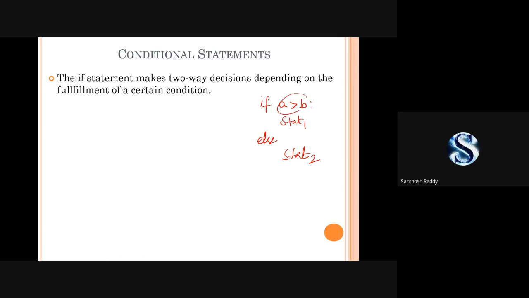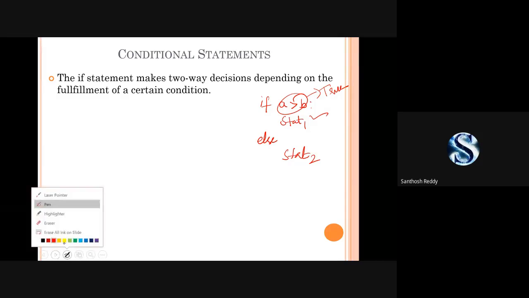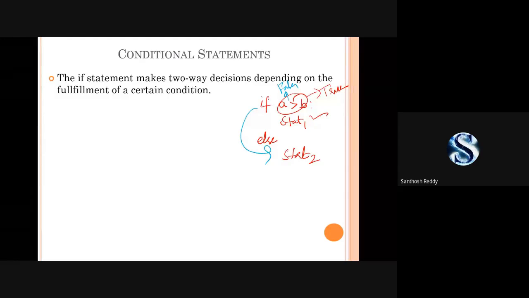If this becomes true, then this is going to get executed. If this becomes false, this is going to get executed. This is not your syntax. This is just for your understanding purpose I have written.